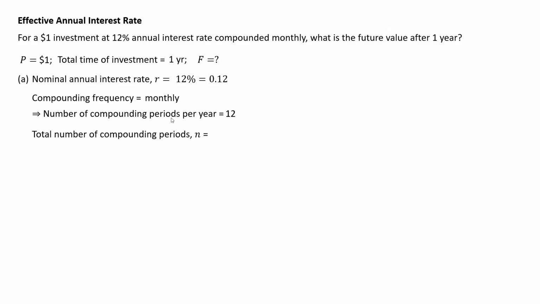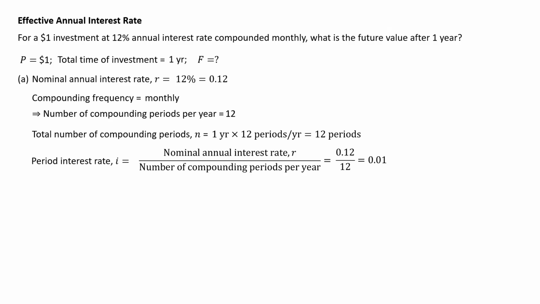And therefore, total number of compounding periods, because we are talking about 1 year times 12 periods per year, is 12 periods. So N is 12 periods. Period interest rate is nominal divided by the number of compounding periods. So 0.12 divided by 12, which is 0.01.